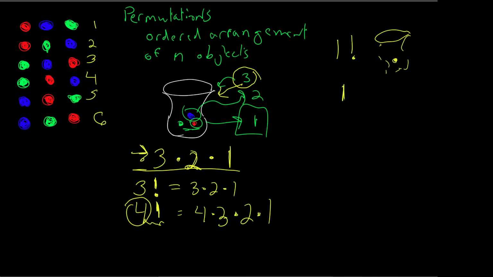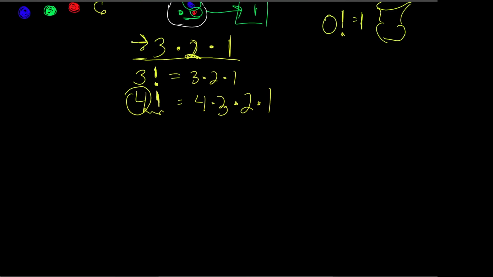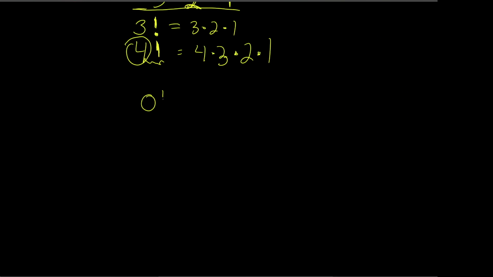Well, one possible way. If I have 0 things, how many ways do I have for it to come out? 0 factorial. Well, nothing comes out, but that's a way, and it's only one way. And so 0 factorial is also equal to 1.